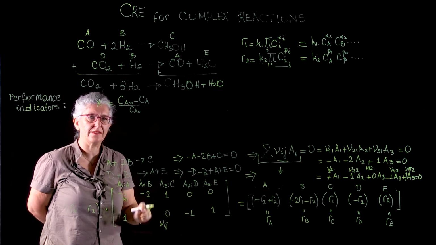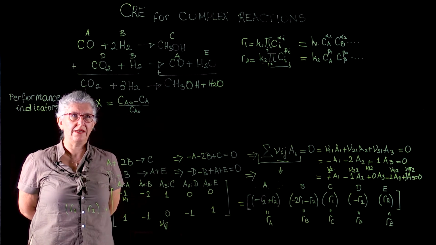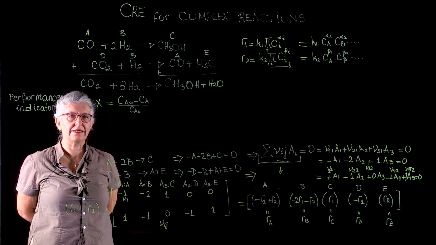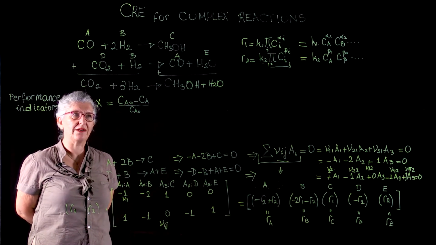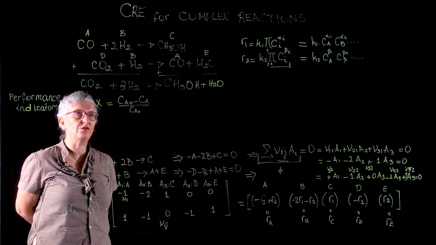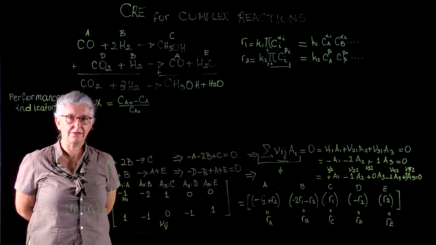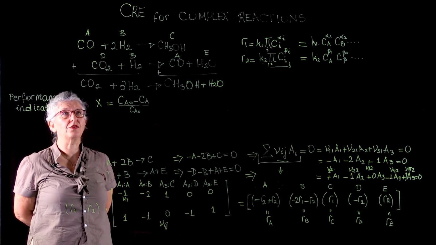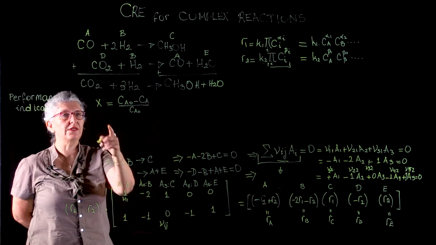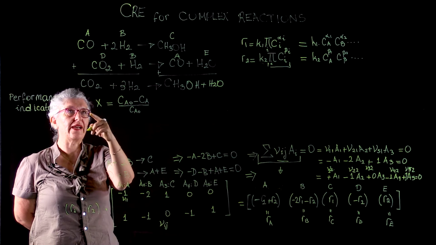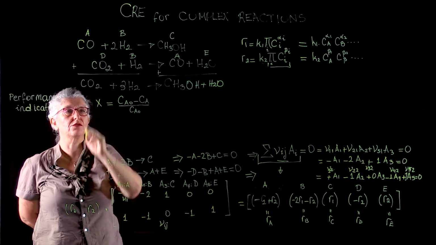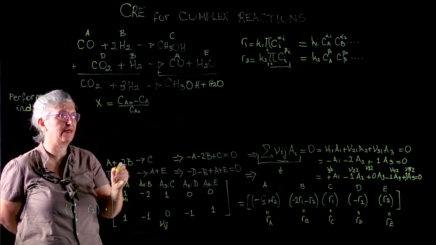Still, we can estimate the conversion in a complex reaction system as well, but our indicator is not going to reflect the conversion in each of those reactions. Conversion is an indicator for a reactor, but not for the individual reactions that are taking place in the reactor.